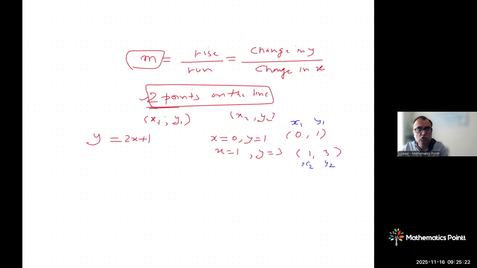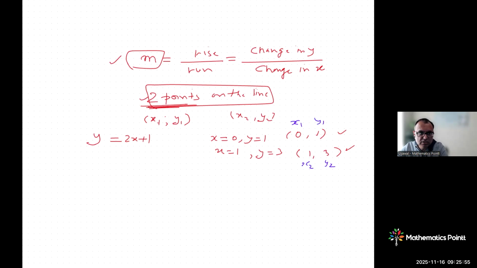Now, coming back to slope. If you have 2 points on the line, one, you can draw that straight line. The other one is you can also find the slope. The formula to find the slope is rise over run. Change in y. How much y has changed? If I look at these 2 points here, my y has changed from 1 to 3.